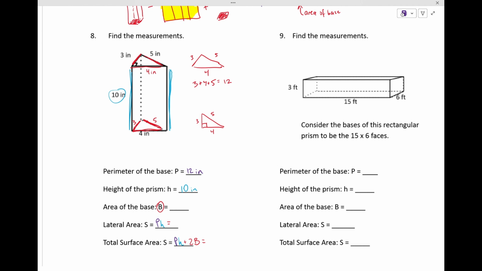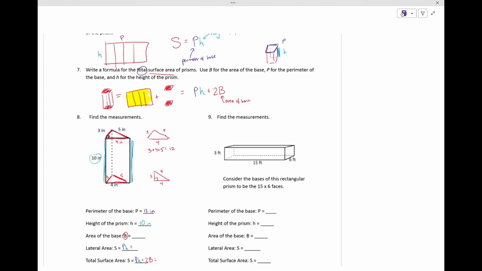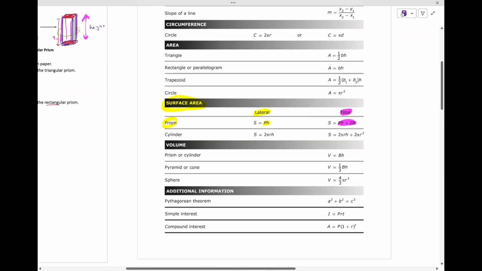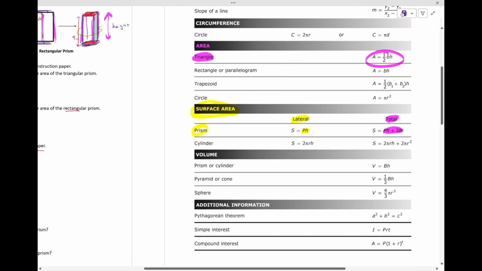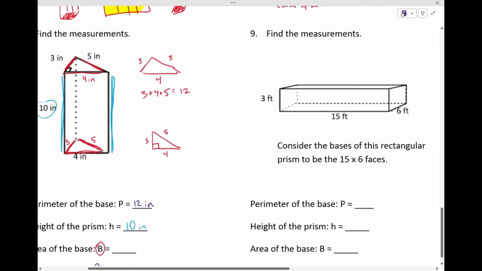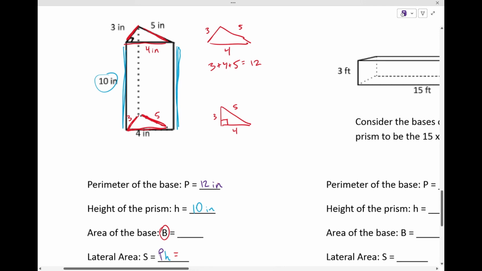We've got to find the area of this base, so the area of a triangle. You can go look back at your star sheet. Let me just show you real quick. Area of a triangle, so I'm looking for area, and I'm looking for triangle. It says 1/2 B times H. So A is equal to 1/2 lowercase b times h.